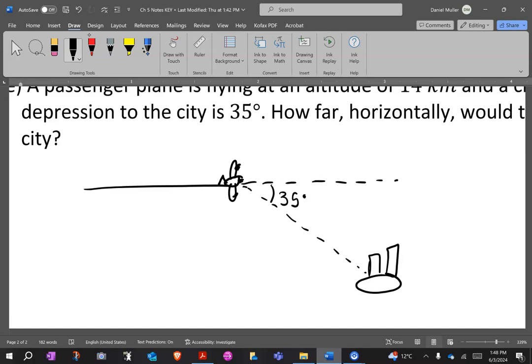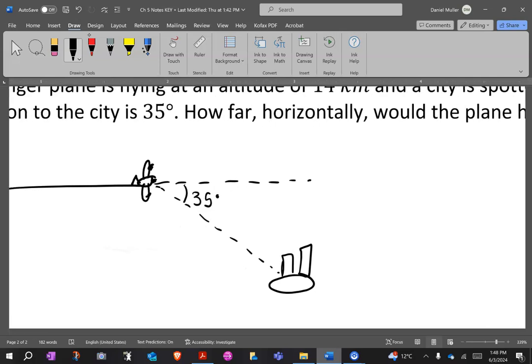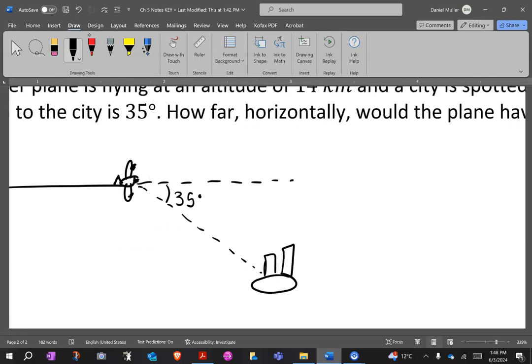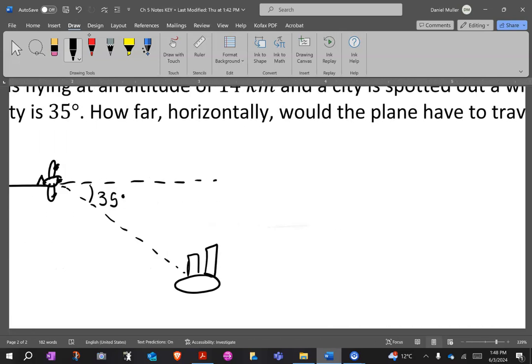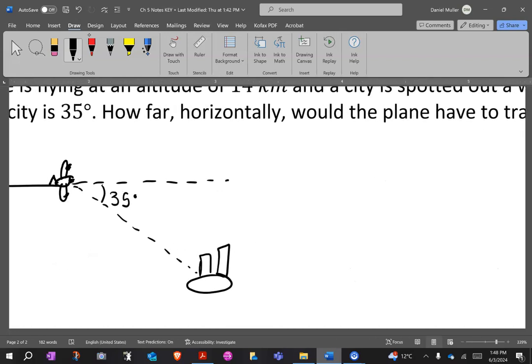And what we want to know is how far horizontally, so that's left and right, how far horizontally would the plane have to travel to be directly over the city? So if the plane were to keep flying, how far would it have to fly before it's right above the city? So what we're trying to find is this distance. So this is unknown, and we have this distance.